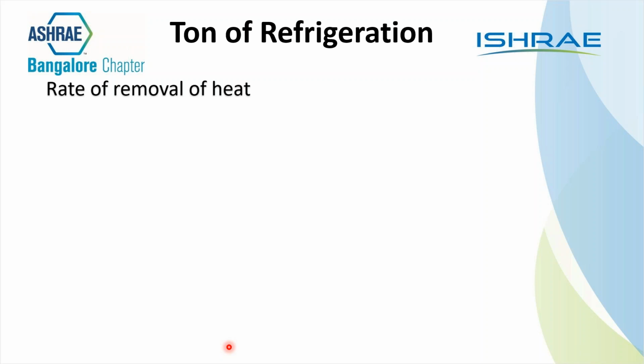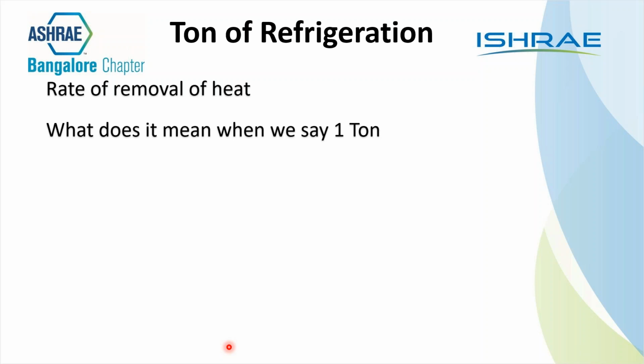In that room, first we need to ascertain the amount of heat that is available in that room, and then how much time it takes to remove that heat from that space. That is known as the rate of removal of heat. So a ton of refrigeration is defined as the rate of removal of heat.